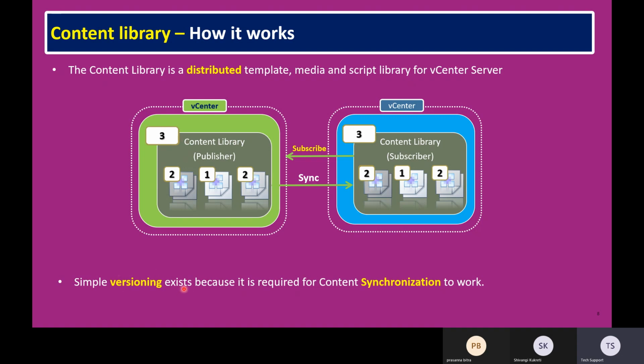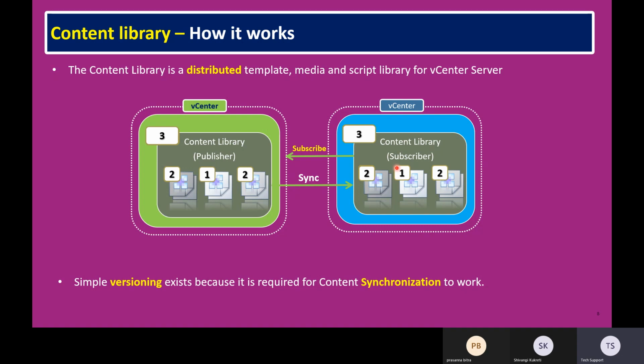Simple versioning exists because it is required for content synchronization to work. Synchronization identifies changes based only on the version. When there is a version change, the content items that changed are immediately synchronized and updated in our remote vCenter server. So this is a high level overview of how our content library works.